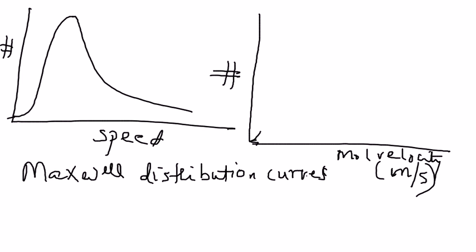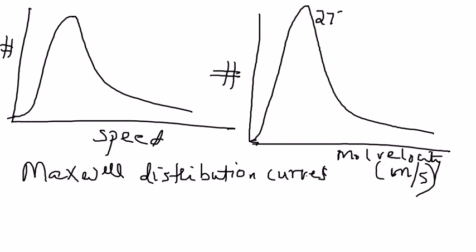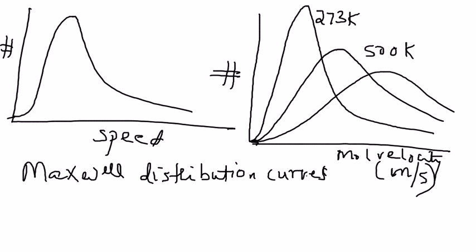Let's see what the plot will look like, perhaps at 273 Kelvin. As you increase the temperature, the curve tends to flatten out. Maybe let's say that's 500 Kelvin, and then it flattens further out. Maybe that's 1000 Kelvin.